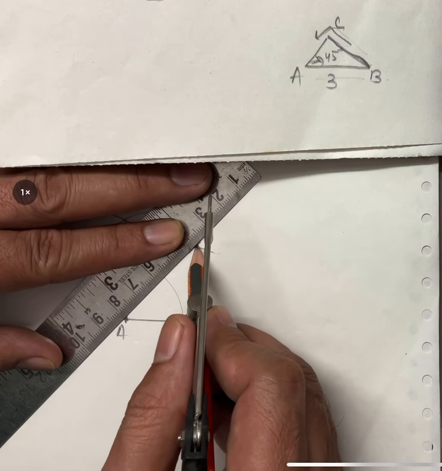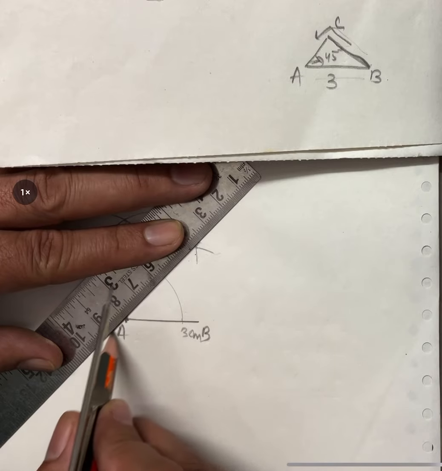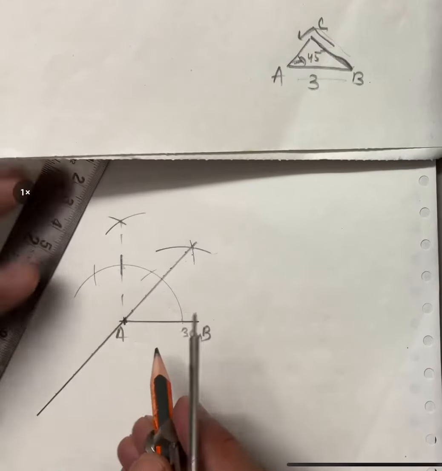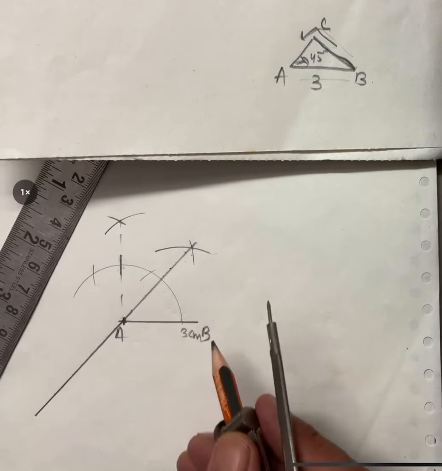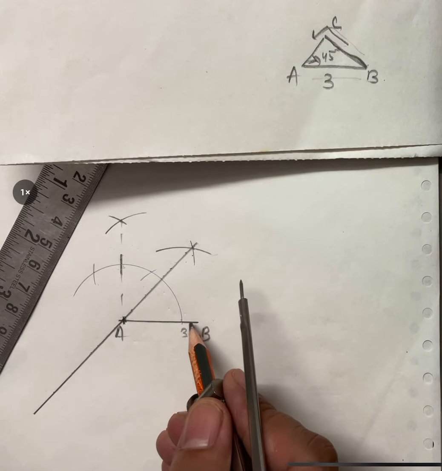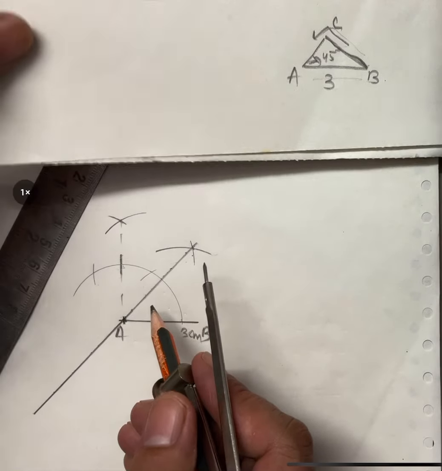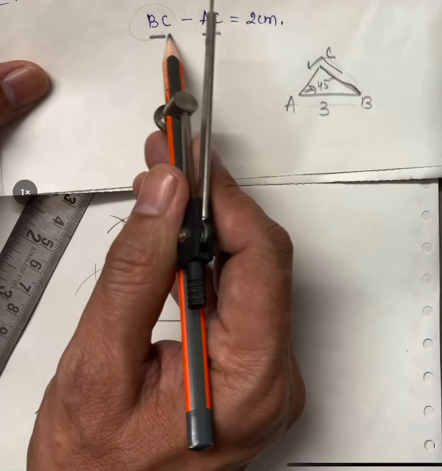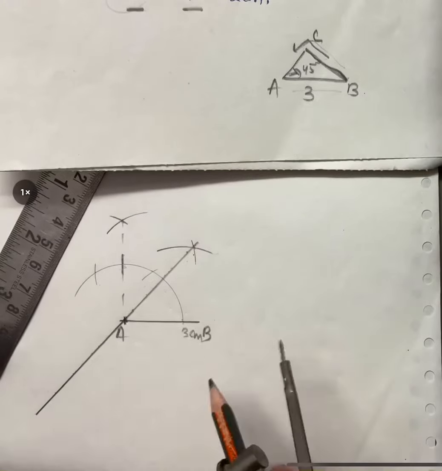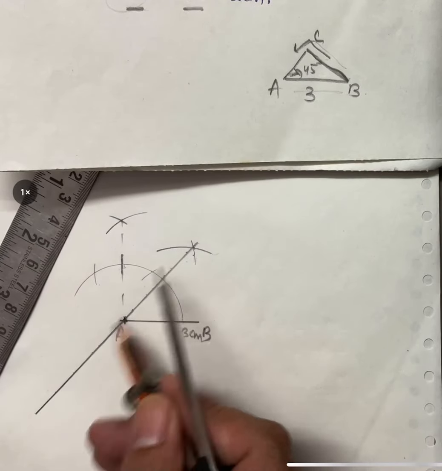But this time do one thing, take the figure backwards. The reason is that this time we want the BC length to be longer and AC length to be shorter. Why? See, BC is bigger. BC minus AC is 2 centimeter. So in this case, we take the construction backwards.